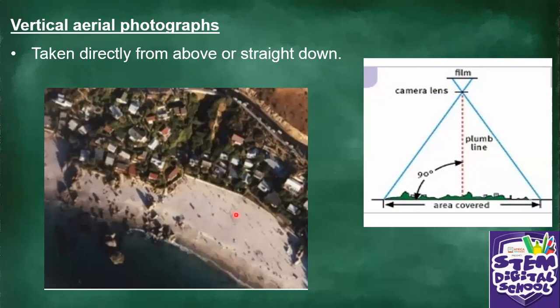If you check this picture on your left, this is a vertical aerial photograph. It's taken directly above the area, not at an angle or side view. You can see the roofs of the houses, because it's taken directly from above.